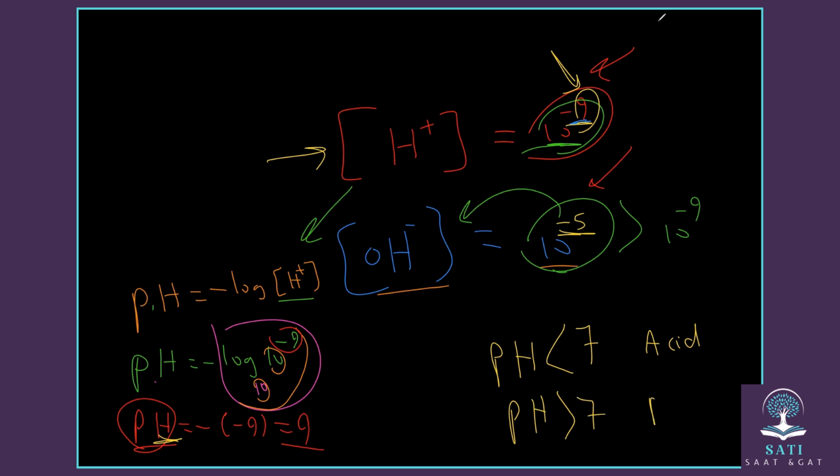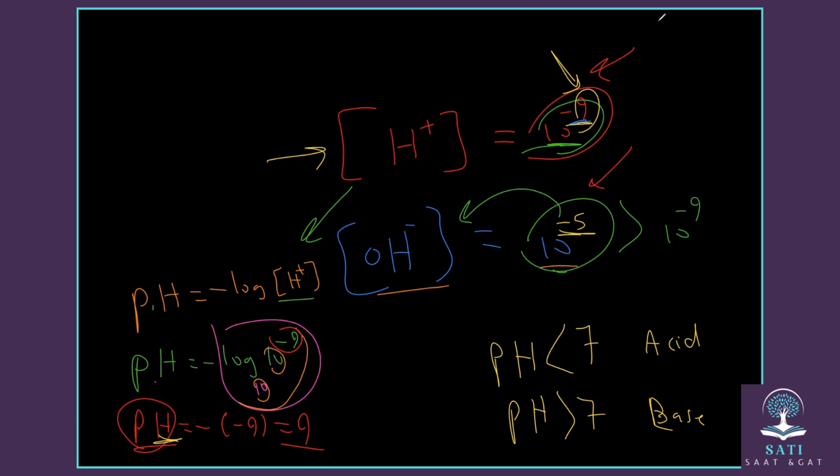Then this is base. And if the pH is much smaller than 7, closer to 1, this is a strong acid. If it is greater than 7, closer to 14, this is a strong base. This is for the H.